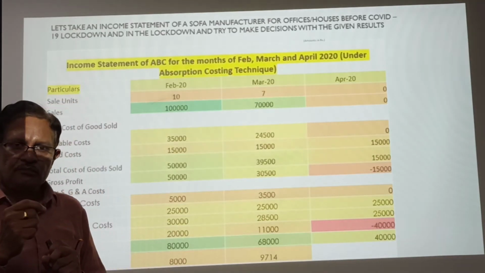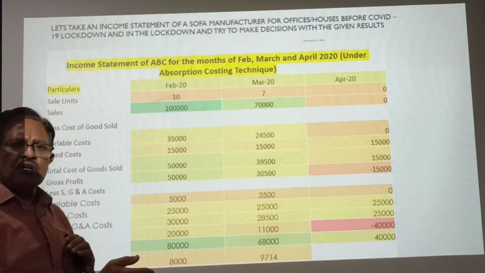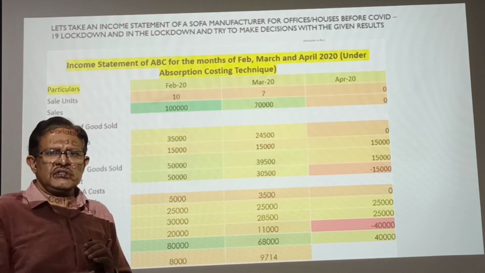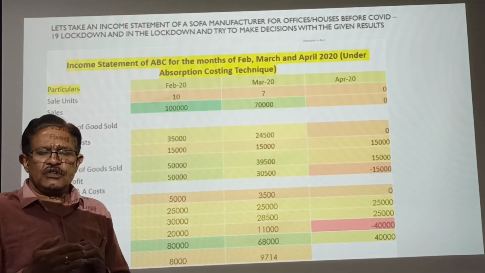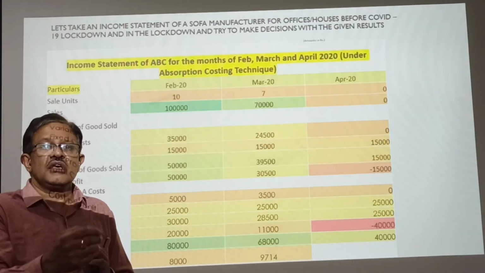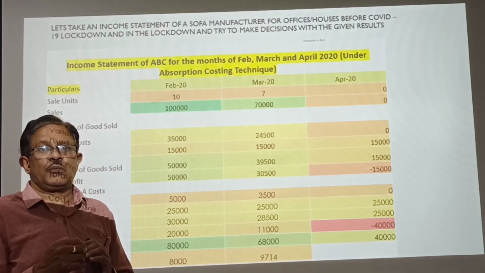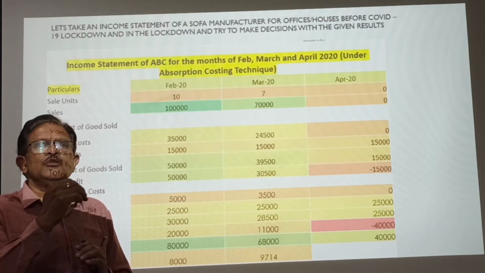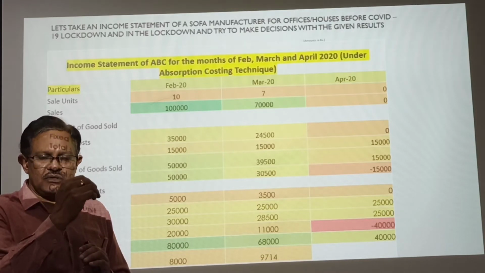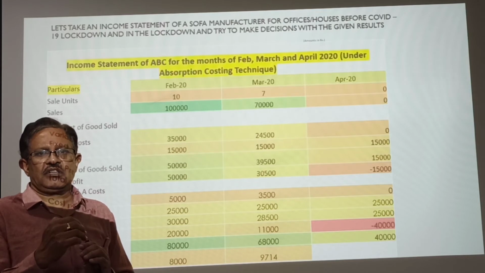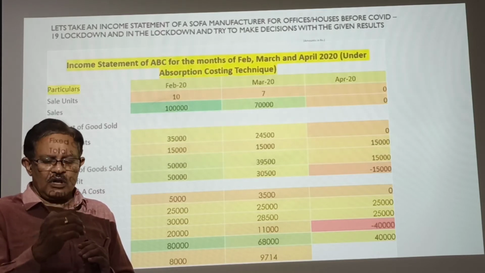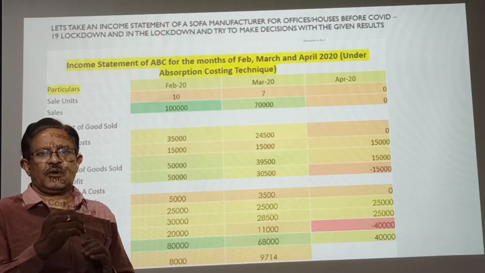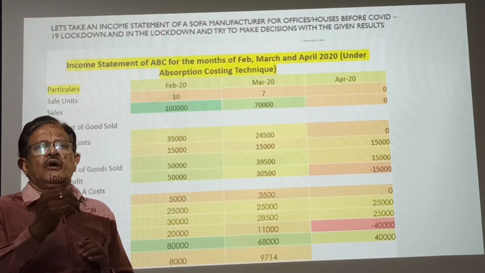Whether you are producing 0 units, 1000 units, 3000 units or 5000 units, what you are going to pay towards the rent will be the same. How much you are going to pay as salary remains constant. These expenditures will not vary with the size of the production. These kinds of expenditures are called the fixed costs.